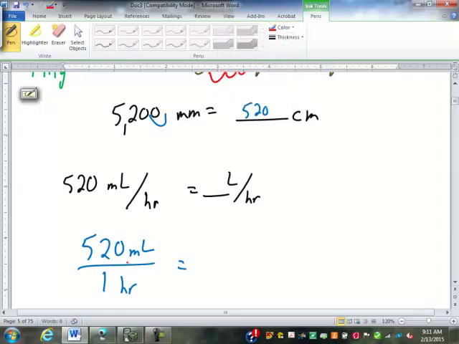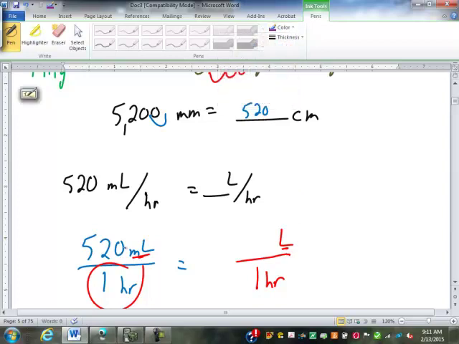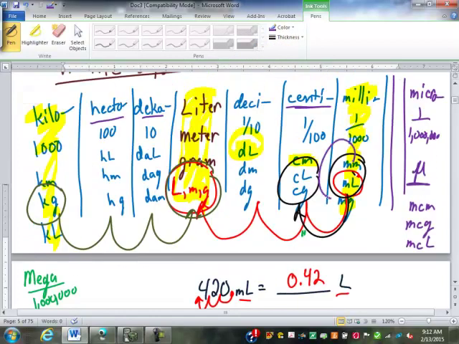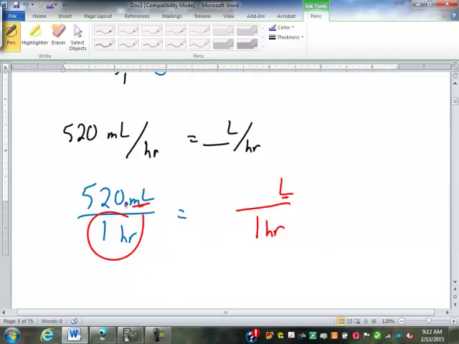Since the hour isn't going to change, I don't have to do anything with that. Milliliters are going to change to liters. To get from milliliters to liters on my chart, how far do I have to move? 3 spots to the left. 1, 2, 3. That is 0.52 liters per hour.